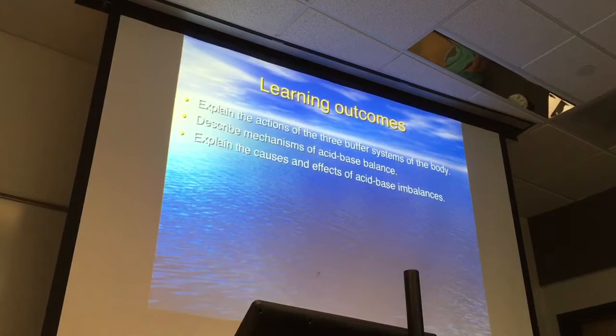There are 4 cases of acid-base imbalances based on their causes, and we'll talk about the causes and effects of those. pH is extremely important. Your pH of your blood has to be within 0.05 of a pH unit of normal. I mean, you can't get very far away from normal. So acid-base balance is extremely important.